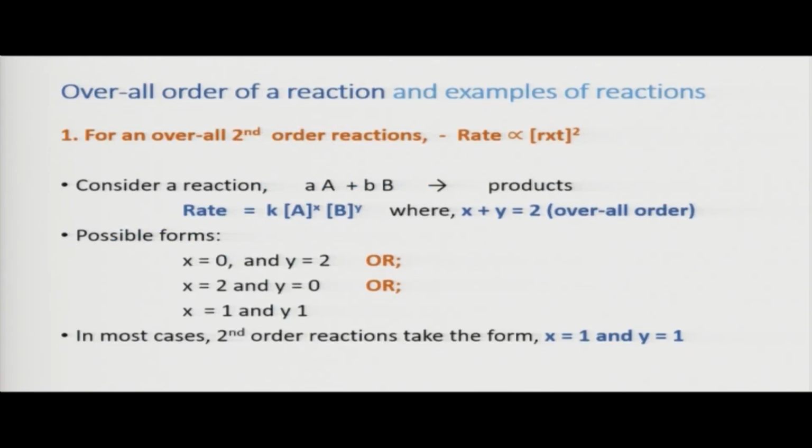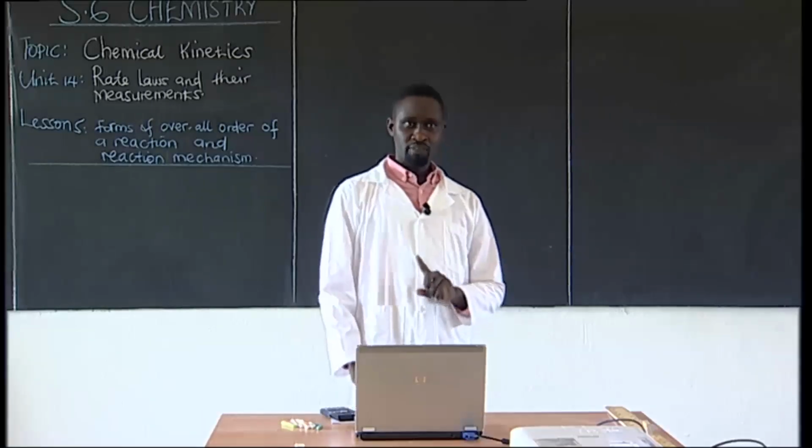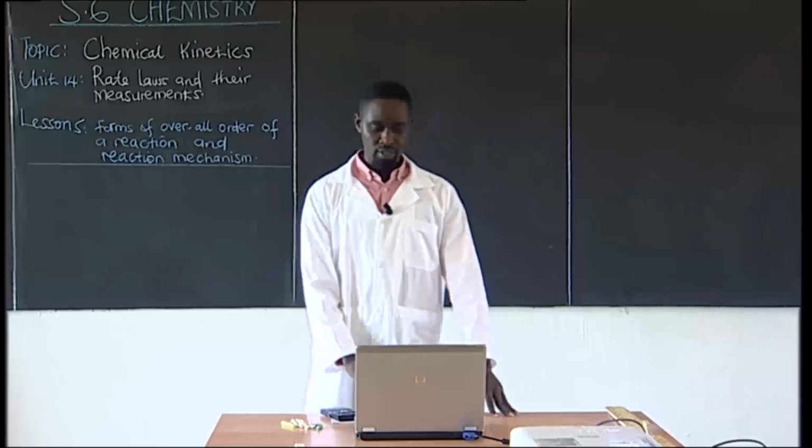So let's start with an overall second order reaction. If you have an overall second order reaction, 3 possible forms. But before I reach on the forms, first look on the slide, I explained something there.